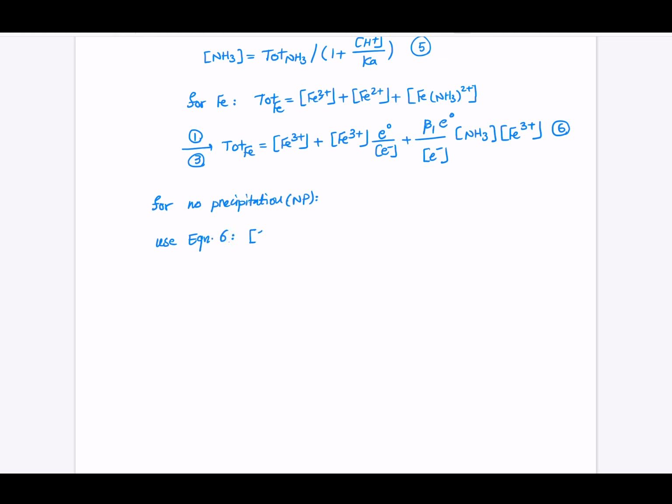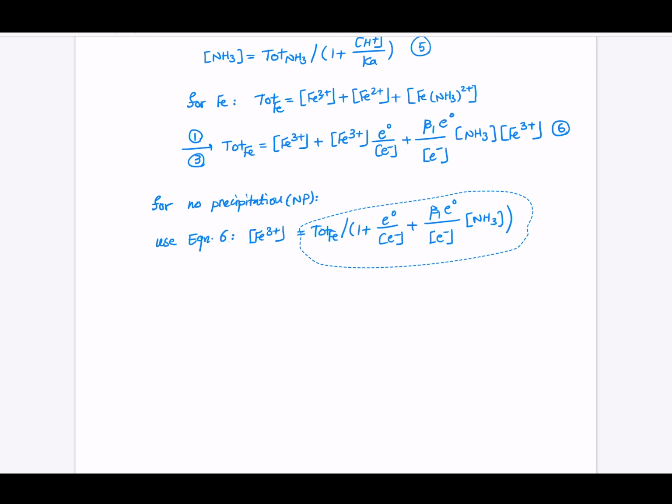The concentration of Fe3+ would be total Fe, which is given, divided by 1 plus E0 divided by the activity of electron plus beta 1 E0 divided by the activity of electron times the concentration of ammonia. That's it when there is no precipitation. So this is the concentration of Fe3+ NP.